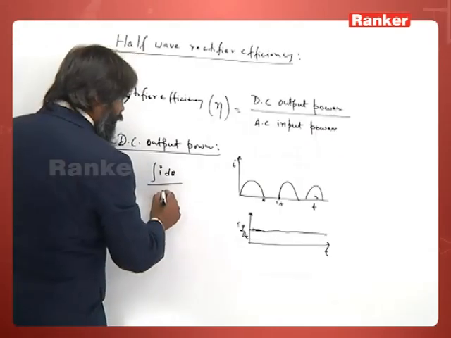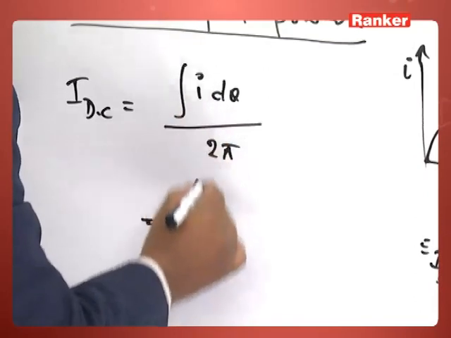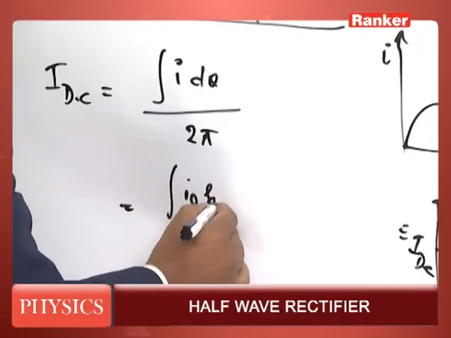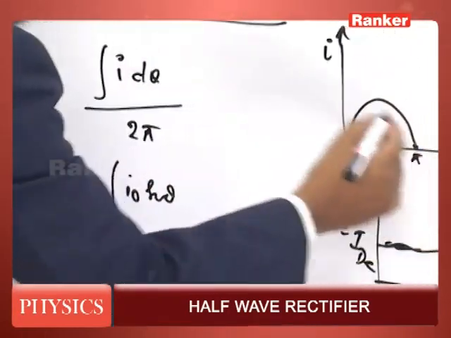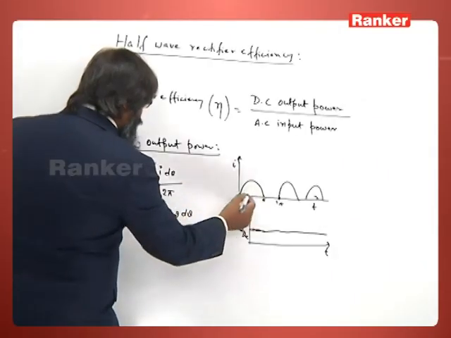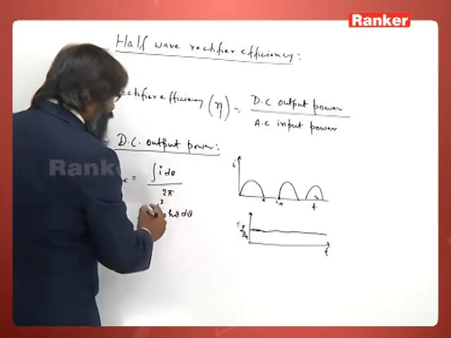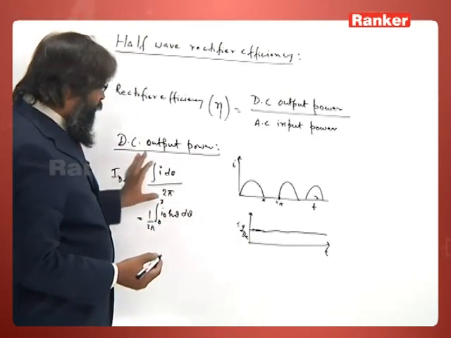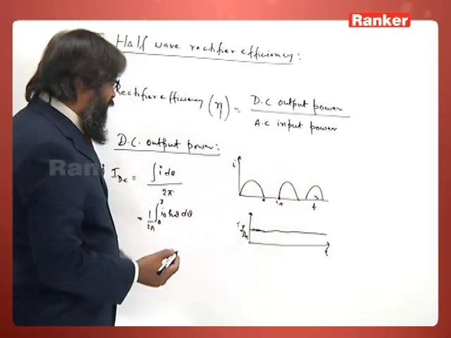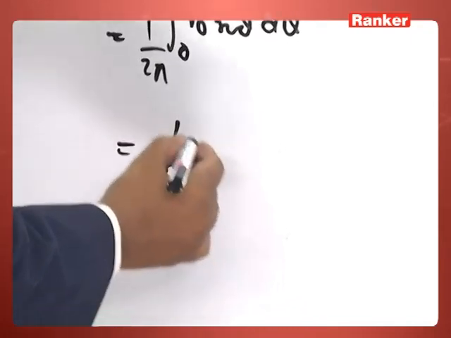So it will be 1 by 2 pi, and I will be writing I as I naught sin theta. Suppose here to here the function is sin theta d theta, integrated from 0 to pi. So this is how to evaluate the average value of this current, that we have already done in our alternating current chapter, AC.